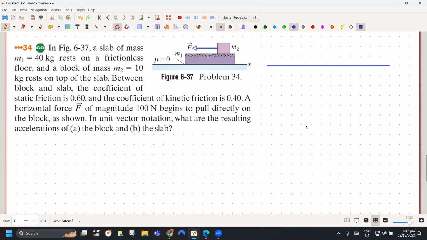When the friction is static and they move, they travel as one object, with no relative motion or sliding between the two. When it's kinetic, there can be sliding between the two.